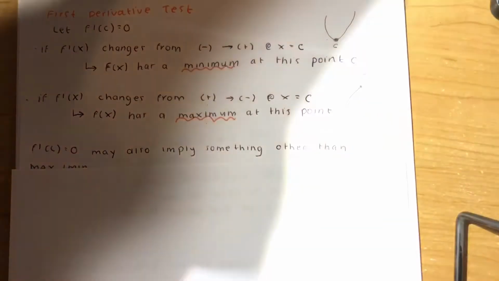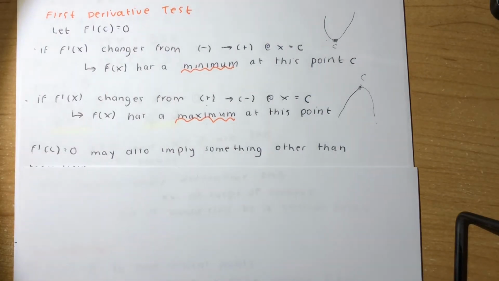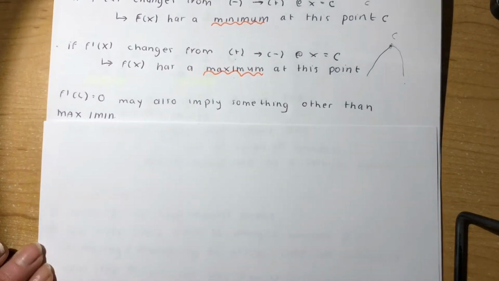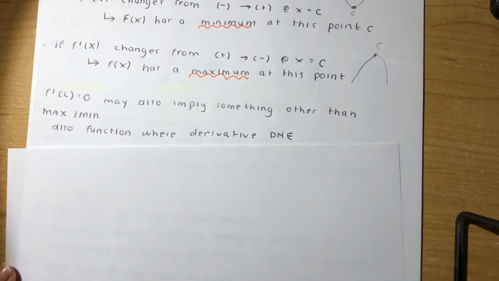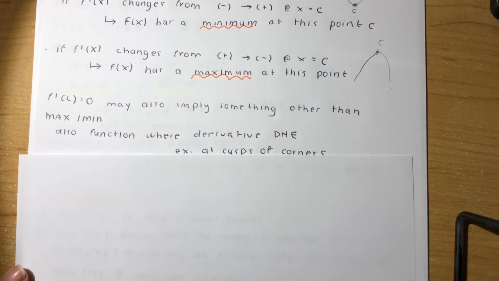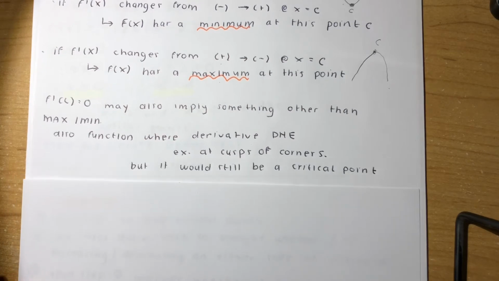As we saw in the previous example, f prime of c equal to 0 may imply something other than a maximum or minimum. It also shows where the derivative does not exist or is undefined. That basically means at a cusp or corner like we saw in the previous example.